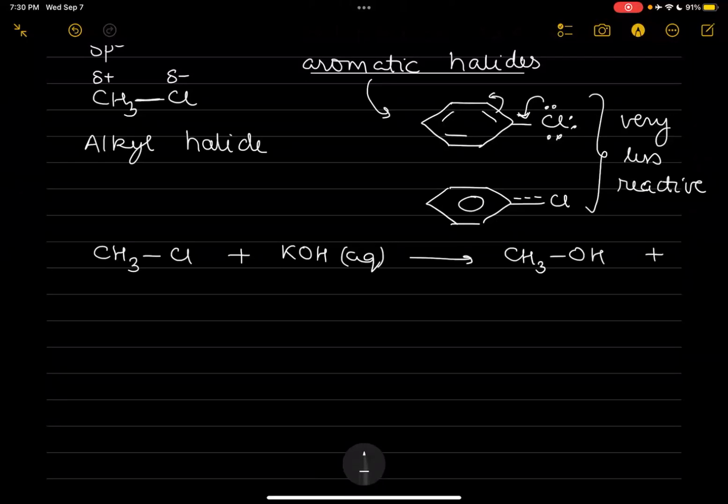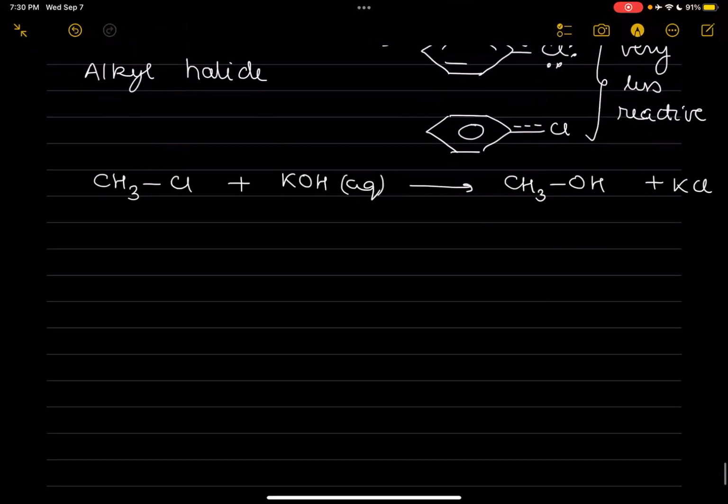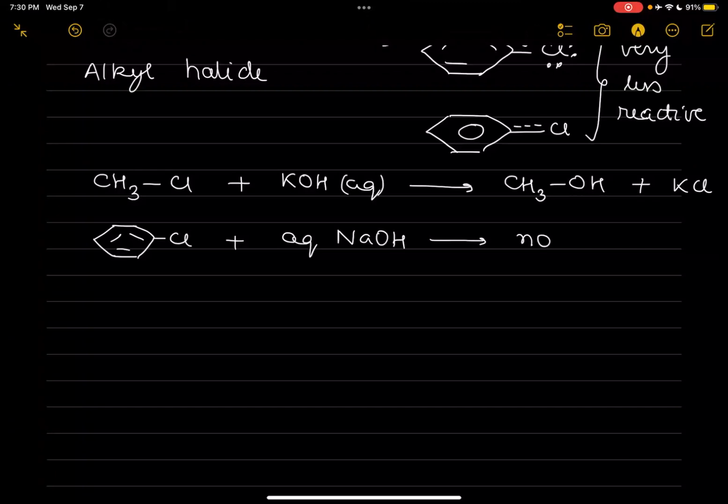It happened very easily. But when you take this chlorobenzene, it's not an easy task. No reaction occurs, right? Because of the same reason.